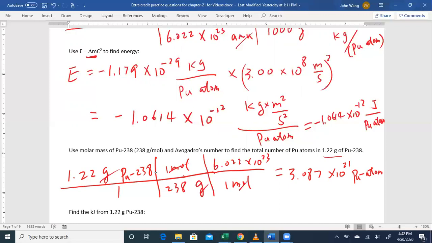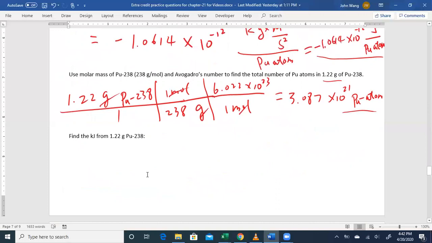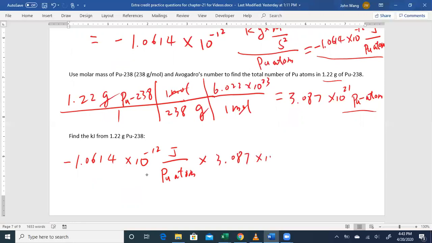Okay, so that is how much joule per atom. Then we have this much atom. Just simply multiply them, but converting to kilojoules. So we have negative 1.0614 times 10 to the negative 12 joule per plutonium atom. And then we have this much of plutonium atom, 3.087 times 10 to the 21 plutonium atom.